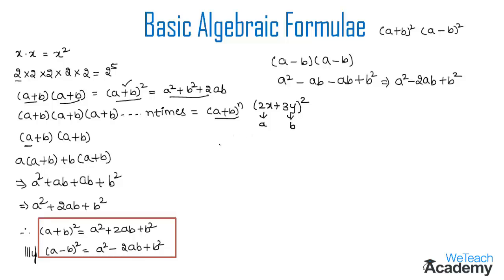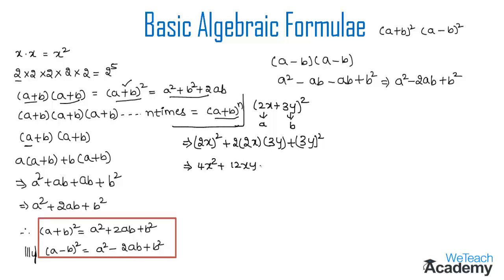Writing this in the form of a square plus 2ab plus b square, we get 2x whole square plus 2 into 2x into 3y plus 3y whole square. By multiplying these products, 2x whole square comes as 4x square, 2 into 2x into 3y gives plus 12xy, and 3y whole square comes as plus 9y square.